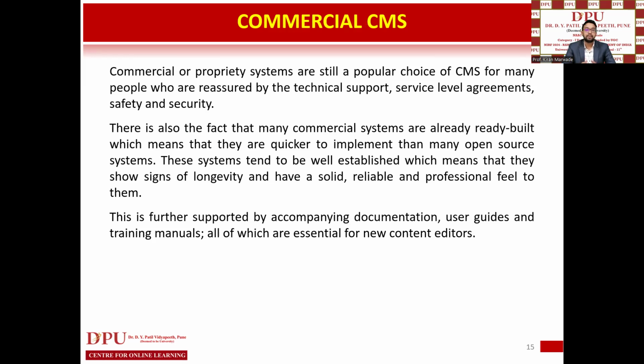These systems tend to be well established, which means that they show signs of longevity and have a solid, reliable, and professional feel. This is further supported by accompanying documents, user guides, and training manuals. So all these things can be managed under the content management system.